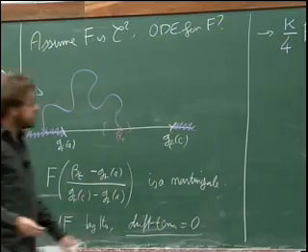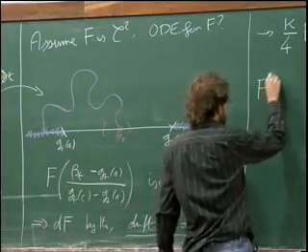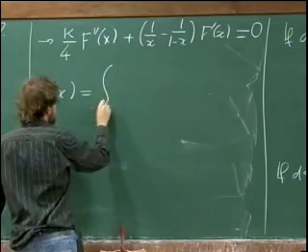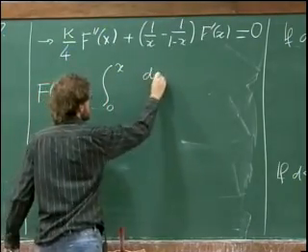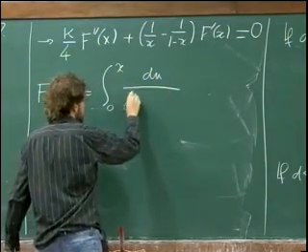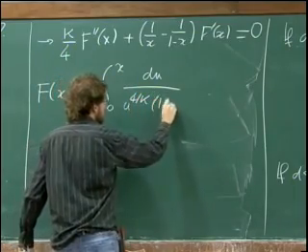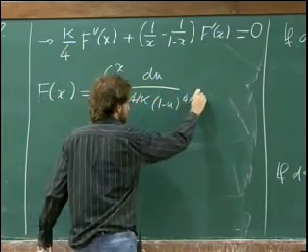And if you solve it, what you get is that f of x is the integral from 0 to x of du over u to the power 4 over kappa times 1 minus u to the power 4 over kappa.